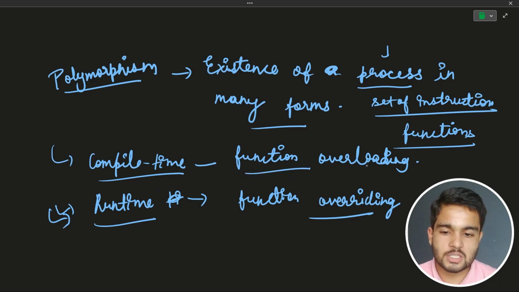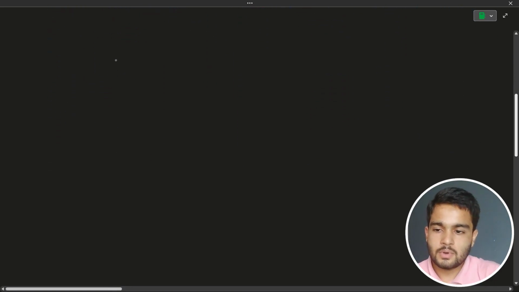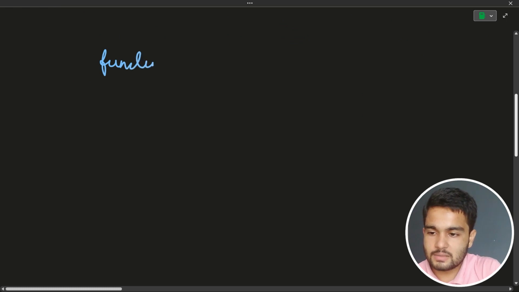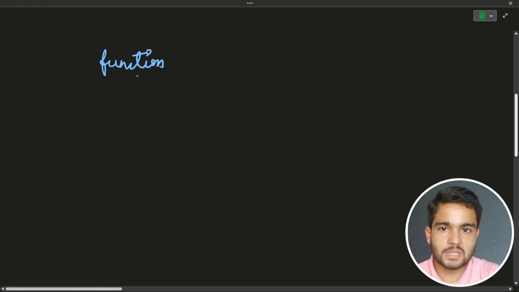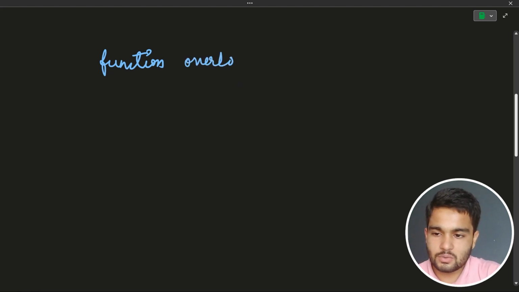Now let's see what function overloading is. Function overloading means whatever I have told you in the last 4 to 5 minutes. So let's create a proper example for function overloading.